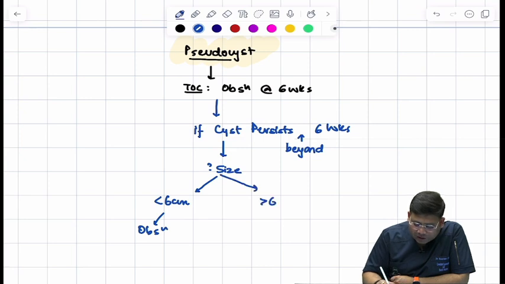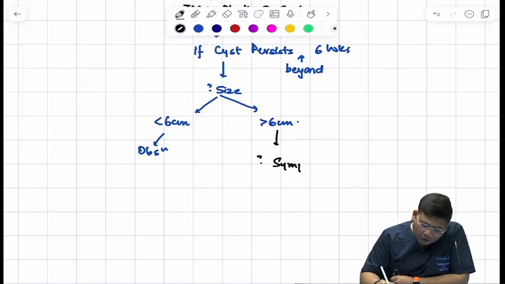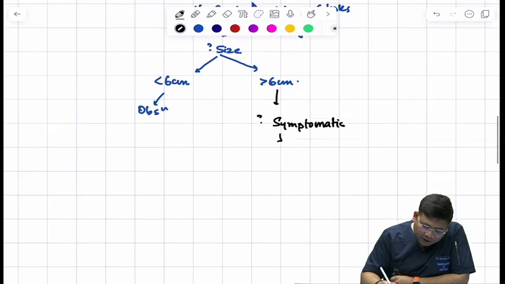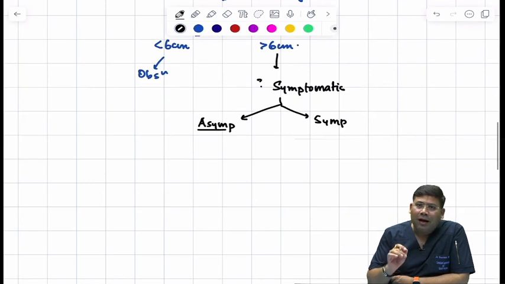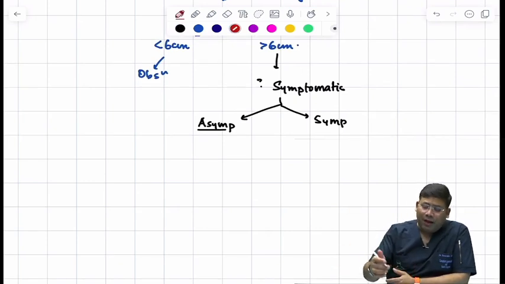If it is more than 6 centimeter, the very next thing that we have to understand is is it symptomatic or asymptomatic? So more than 6 centimeter, if it is asymptomatic, so there are no symptoms versus there are symptoms. So if there are symptoms, the management is different. If there are no symptoms, the management is different.